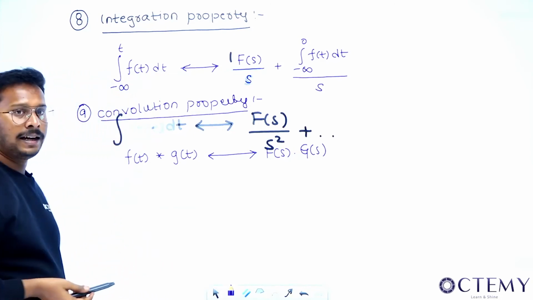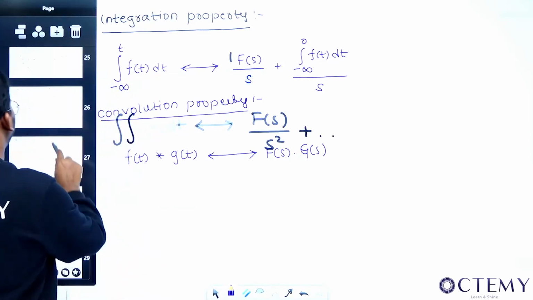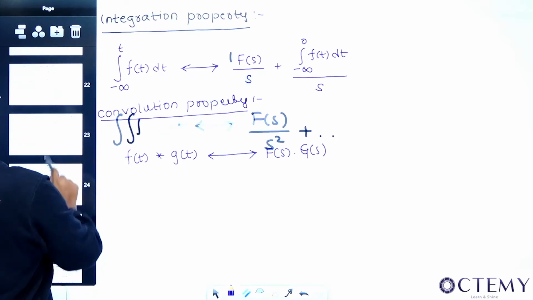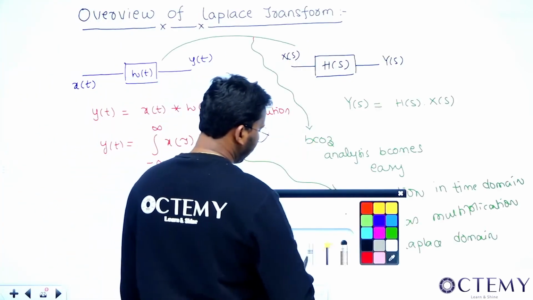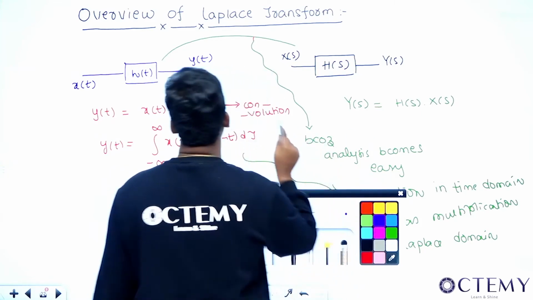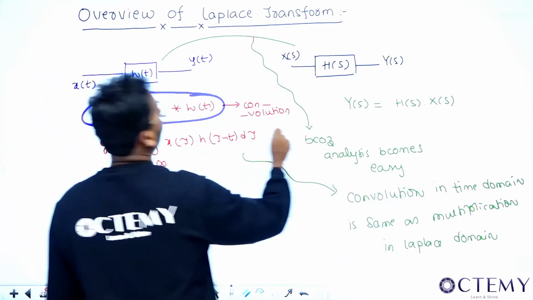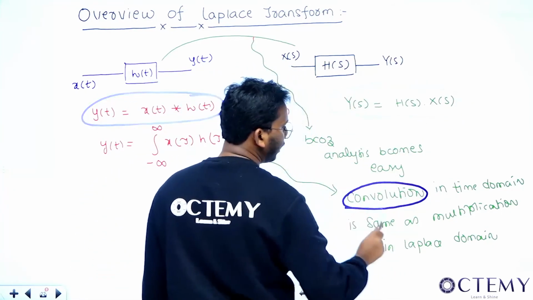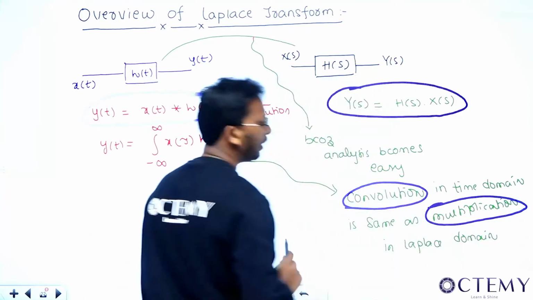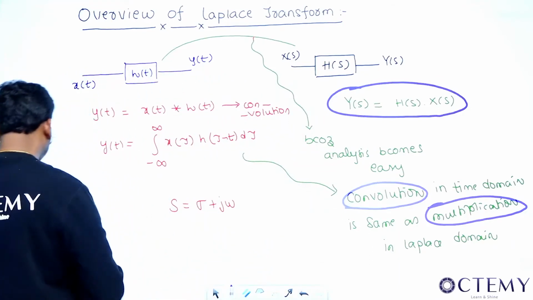We have already applied it in the first slide itself, when I told you in the very first slide. The advantage is that when you go from the time domain to the Laplace domain, convolution is changed into multiplication. That is the convolution property, right?